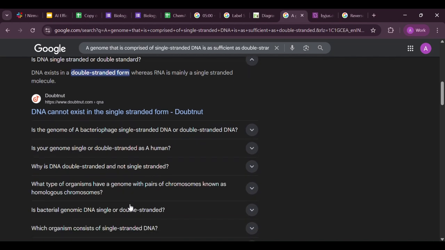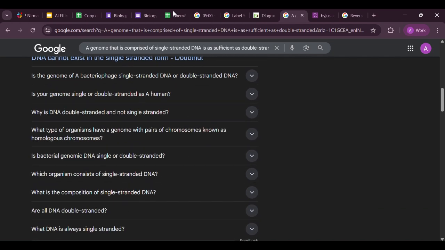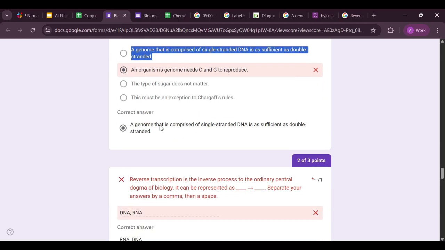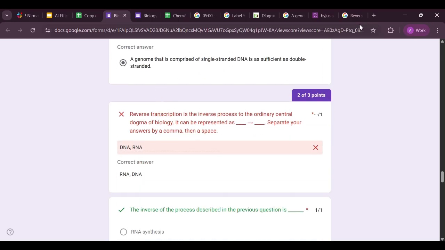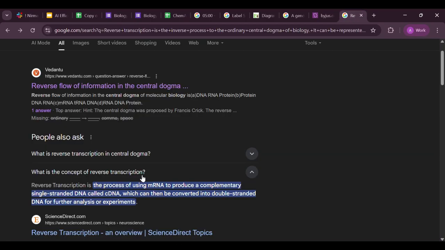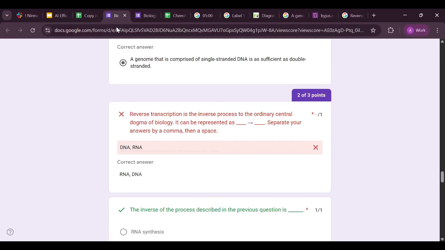Let's carry forward. So reverse transcription is using mRNA to produce complementary single-stranded DNA. So we are doing RNA to DNA. But I have marked otherwise over here. Okay, it is wrongly answered by me.